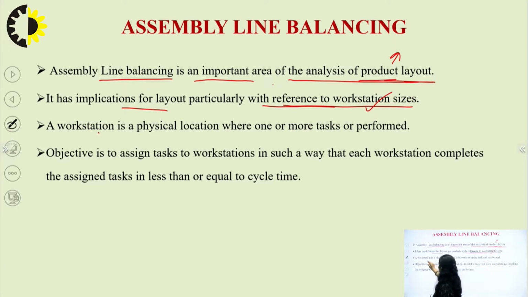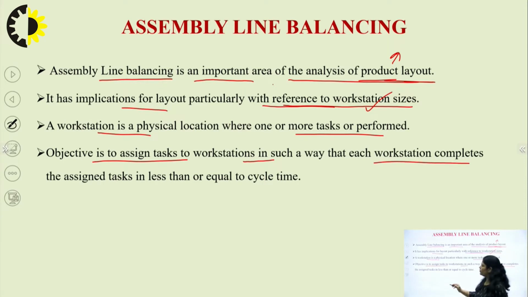Now, what is a workstation? A workstation is a physical location in which one or more tasks are performed. While assigning the tasks to different workstations, our objective should be to assign them in such a way that each workstation completes the assigned tasks in less than or equal to the cycle time.